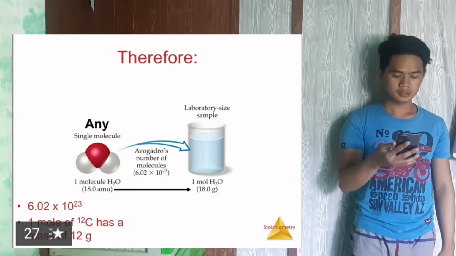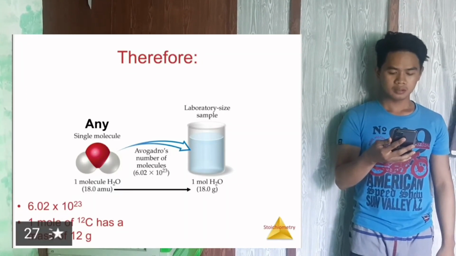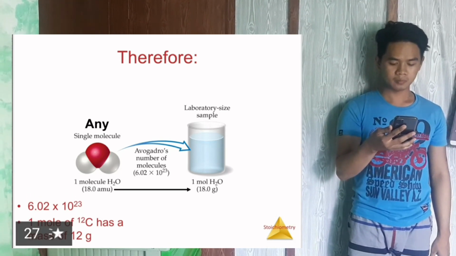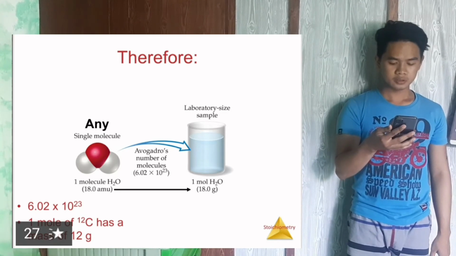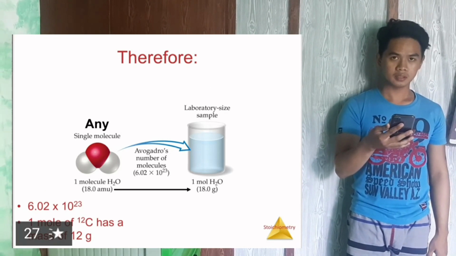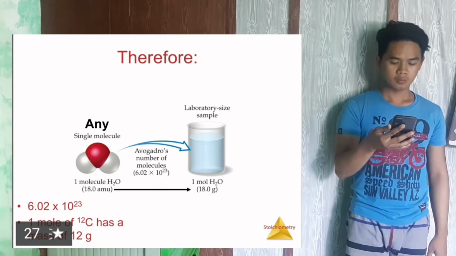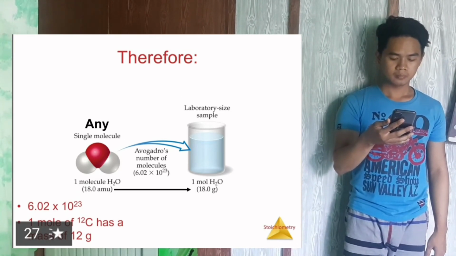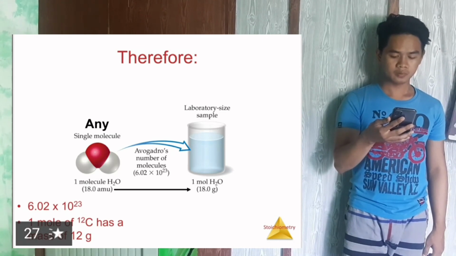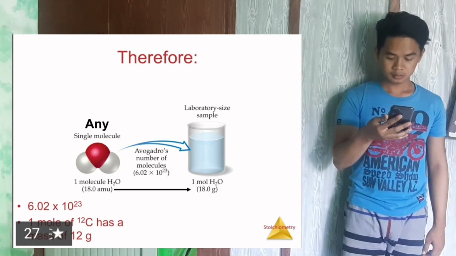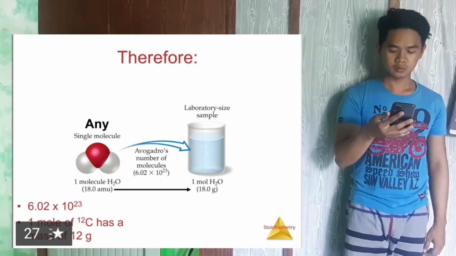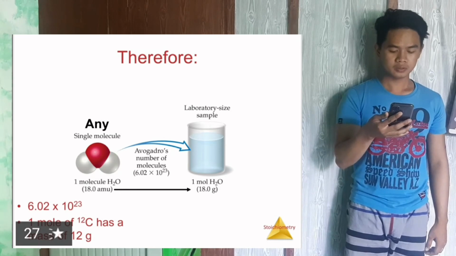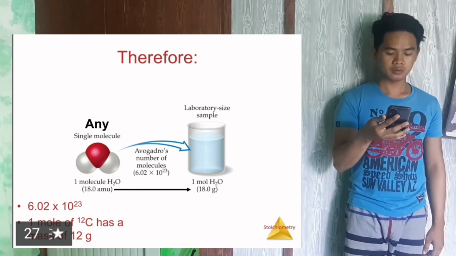Therefore, any single molecule scales to a laboratory-size sample: Avogadro's number of molecules, 6.02 times 10 to the 23. 1 molecule of H2O is 18.0 amu, so 1 mole of H2O is 18.0 grams.